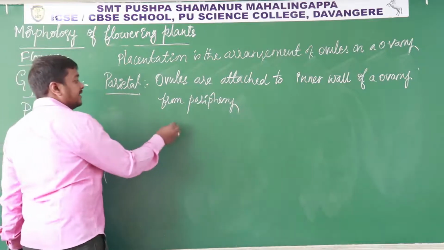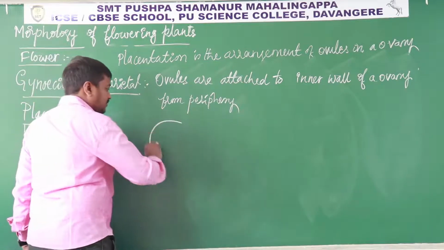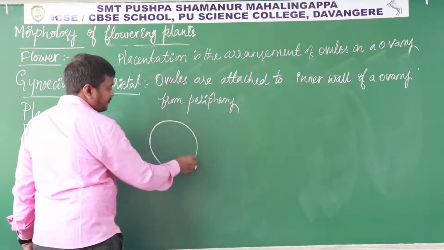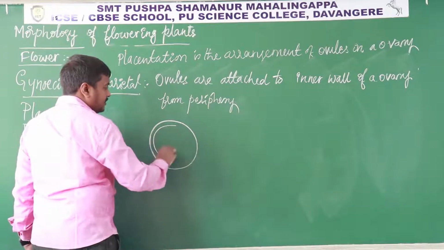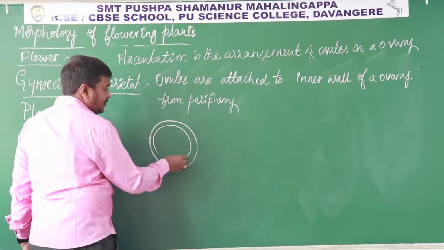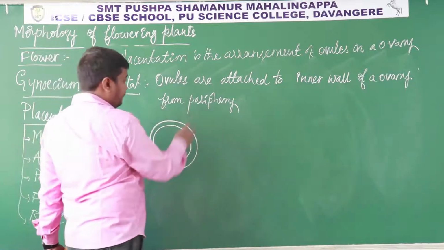Okay, so ಏನಾಗಂದ್ರೆ, so this is the ovary, it is outer wall, and this is inner wall of ovary from the peripheral region.